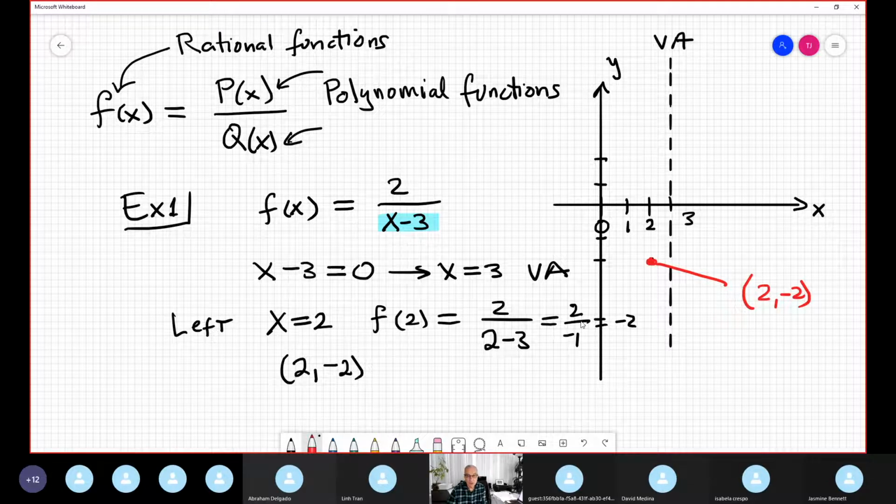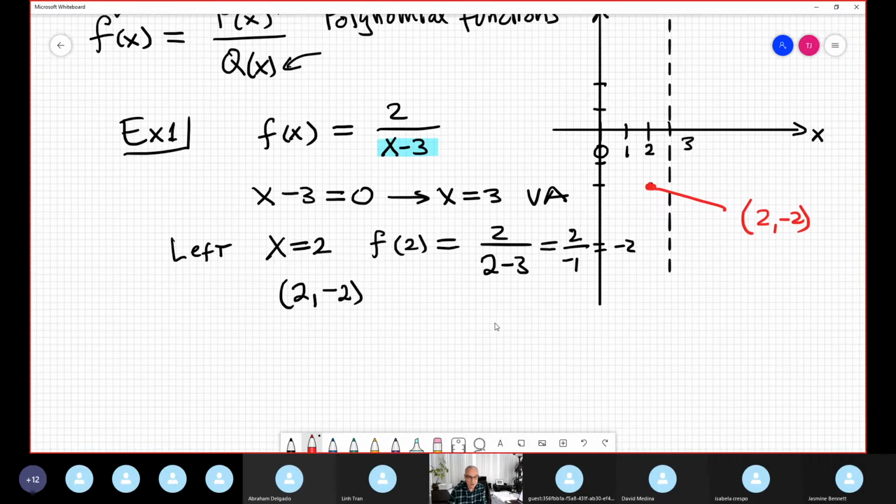Now, suppose you need to understand what's going on after the vertical asymptote. So I compute to the right. I select a completely arbitrary value, suppose 4. Remember our asymptote is 3, no? So I select 4, or 5 or 6. 4 is okay, close. You evaluate f in 4.